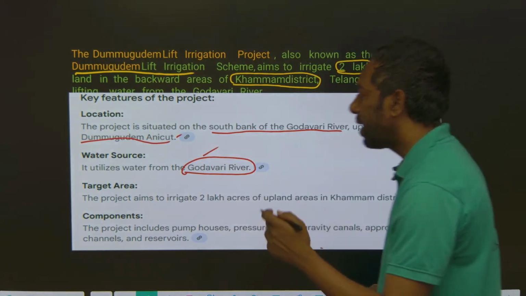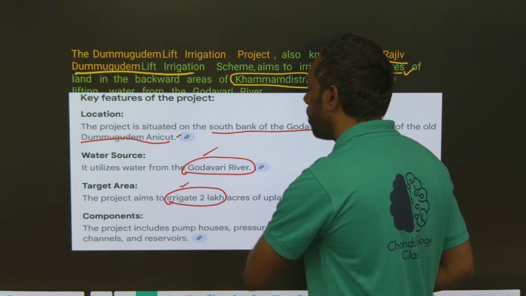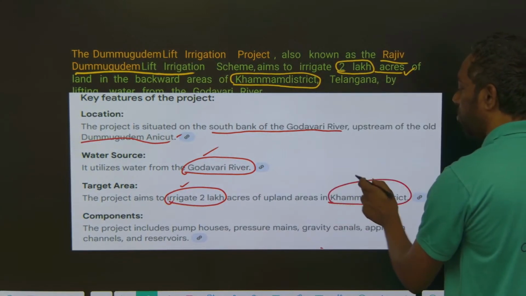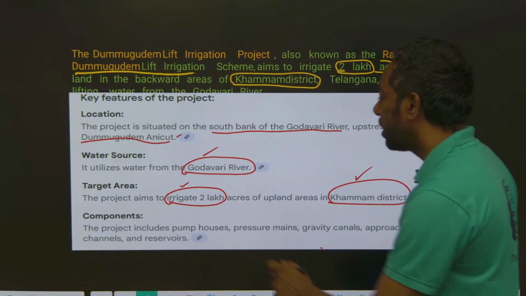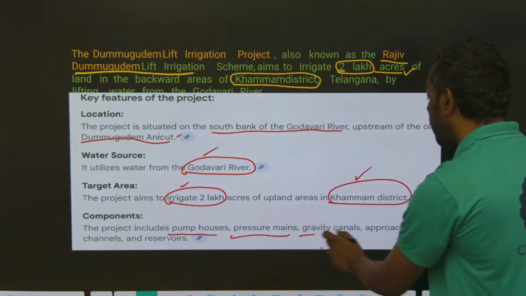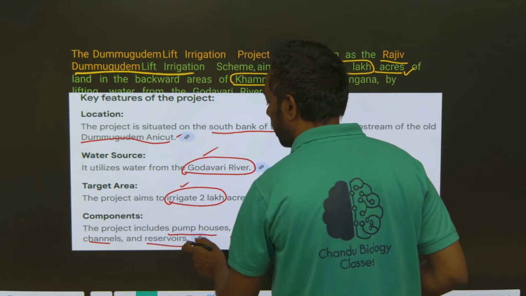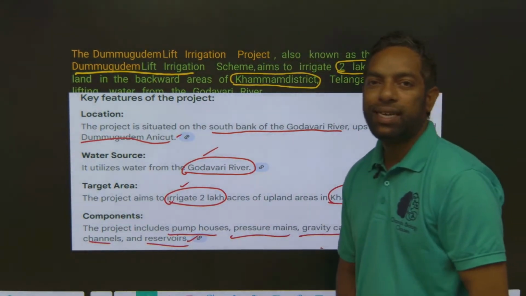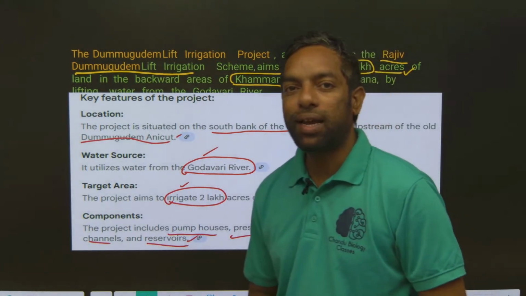The target area is to irrigate 2 lakh acres of Khammam district. The project has a pump house, pressure mains, gravity canals, approach channels and reservoirs. Guys, the Dummugudem project is located in Khammam, and the main target is to irrigate 2 lakh acres.